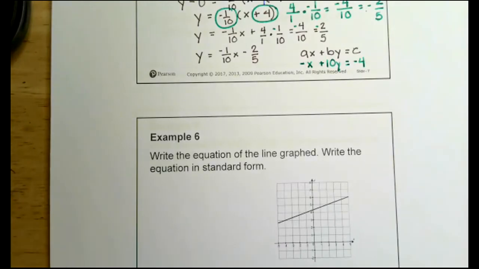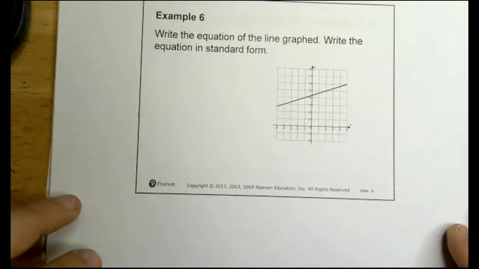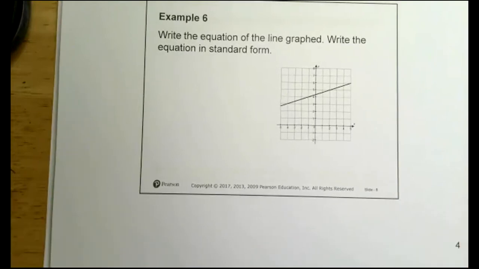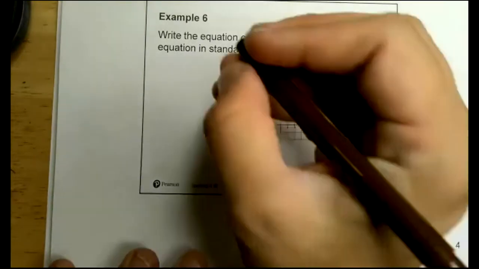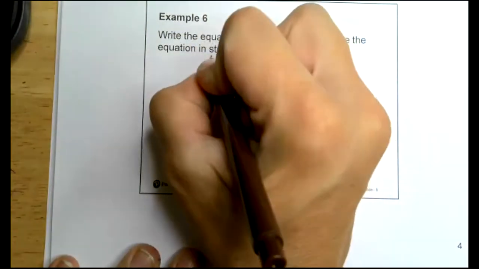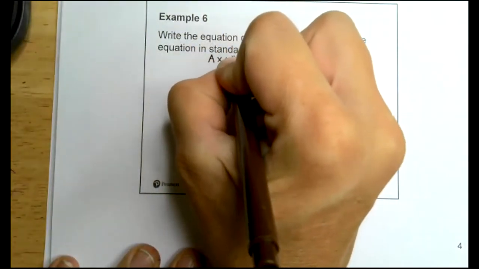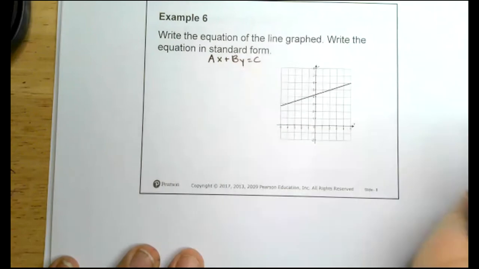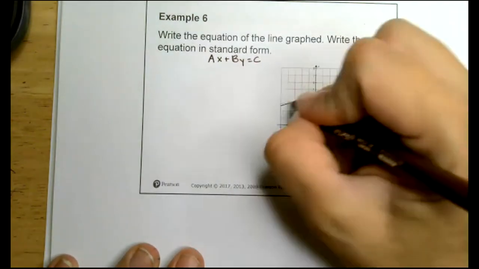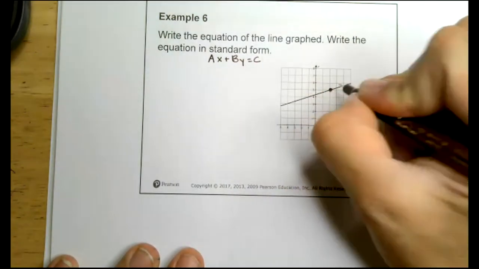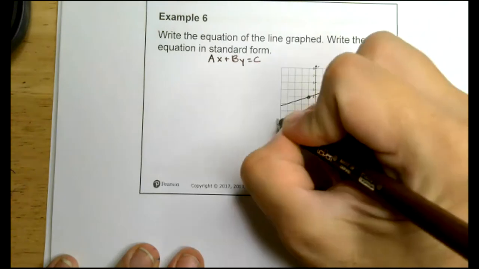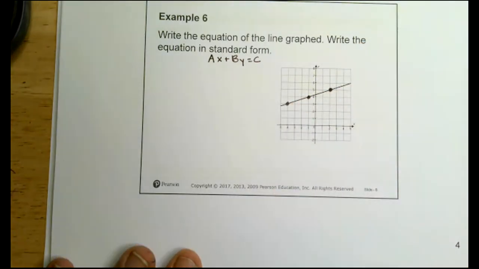All right, the next one says, write the equation of the line graph. Write the equation in standard form. Standard form is again ax plus by equals c. You see the line, you want to pick out any points where the line exactly crosses a whole number, okay?